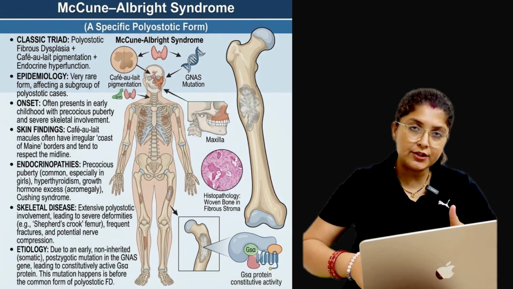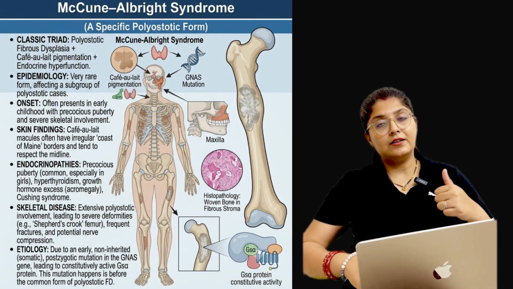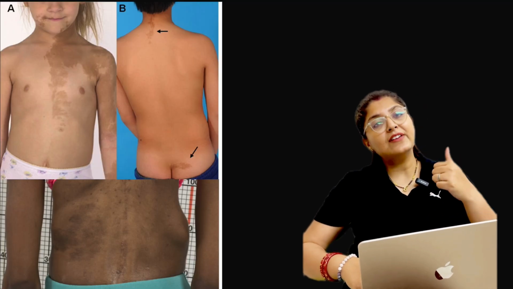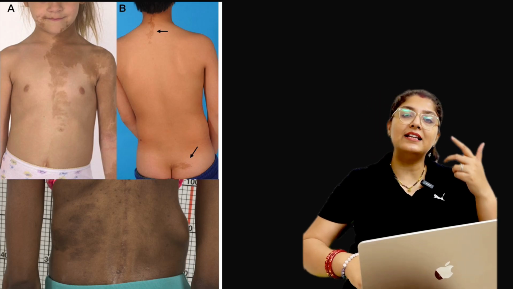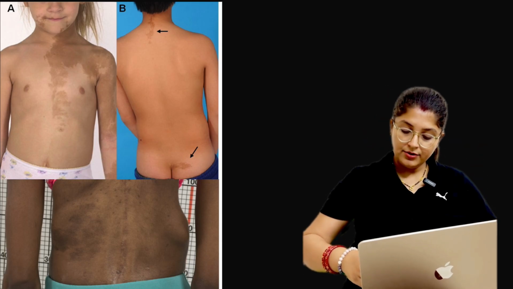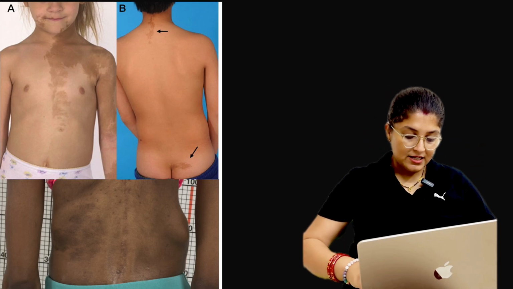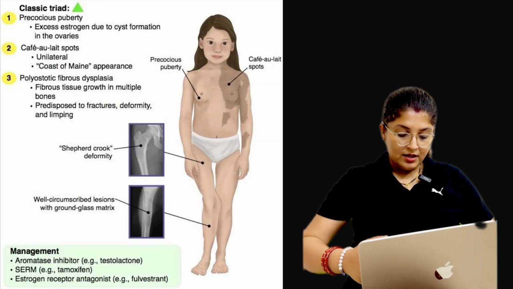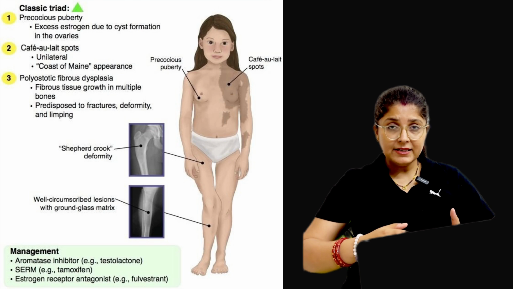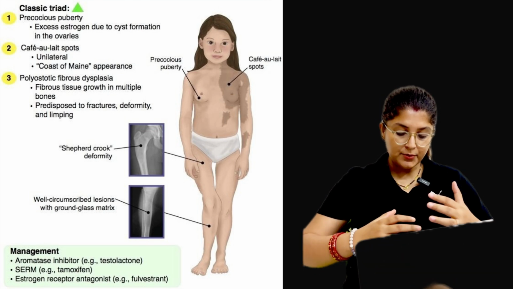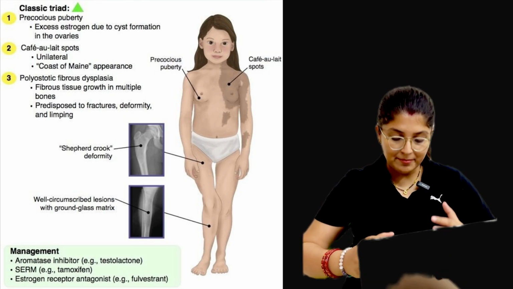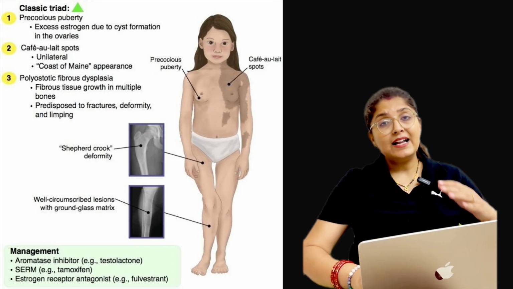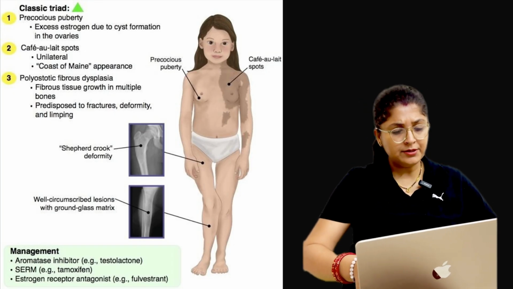Firstly, polyostotic fibrous dysplasia. Along with this, we have café-au-lait spots, and lastly, precocious puberty will be present. Now, bone lesions are larger in this syndrome. There are skin pigmentations, and the pattern of spots is known as coast of Maine. Okay, and also they have irregular margins.